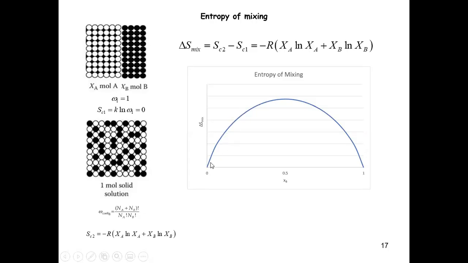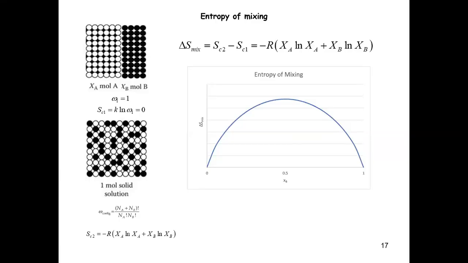Why is that? Why does it increase very fast initially and then start to bend over? Any intuitive thoughts? Okay, that might be a difficult question. The bend over tells you the slope is getting smaller, right? The increase of entropy is getting smaller. But entropy is an increasing function of the number of different configurations.